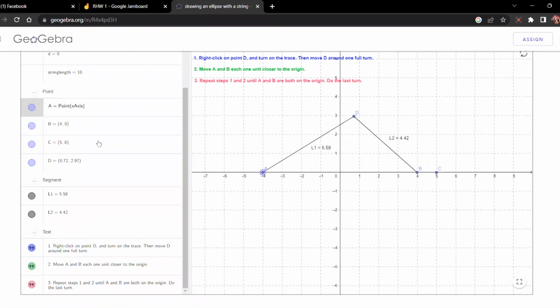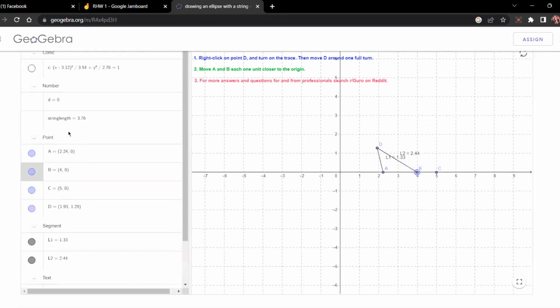Pwede mo bang i-animate? Nag-isip ako pa paano i-animate yan sa Desmos eh. Opo, pwede po siya theoretically. Sorry. Importante lang. So check lang natin. Yung nakuha mo bang length ng string mo ba ay square root of 5? Mga 2.23. Ito po.